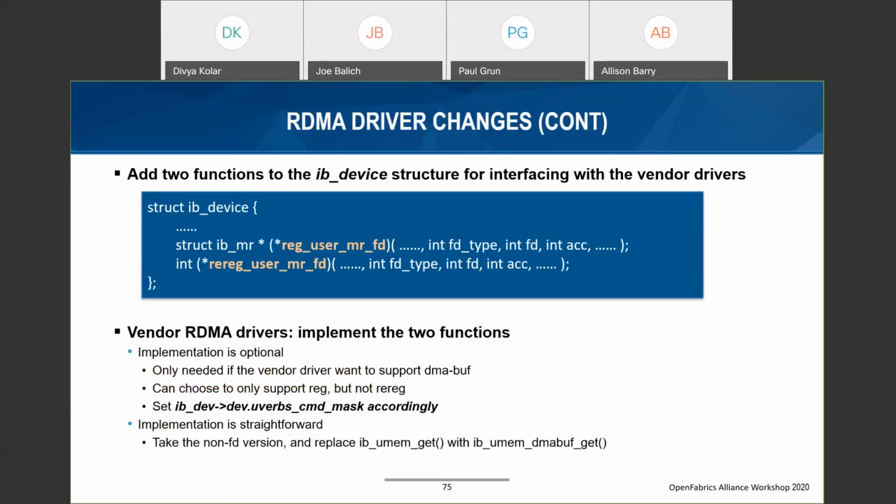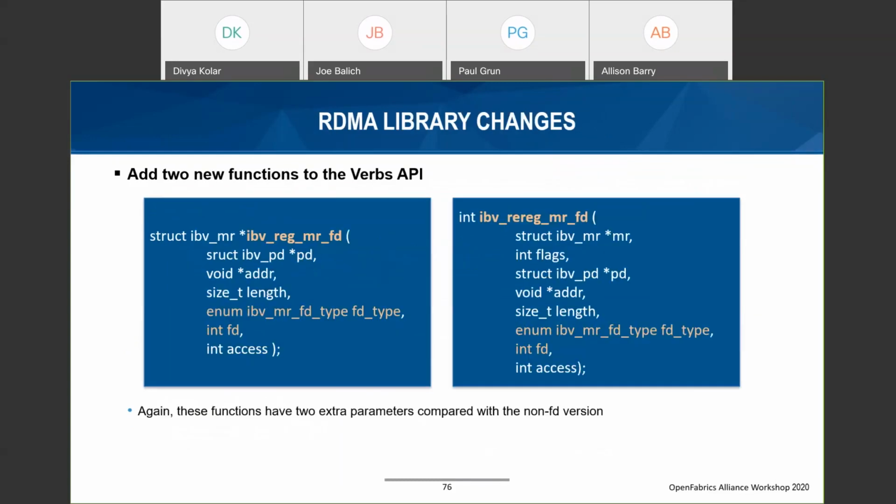This is optional, only if the vendor driver wants to support the DMA-Buf, and it can choose to support only one, not the two. Only support the regular registration, not the re-registration. And you just need to set the command mask accordingly. The next slide, please.